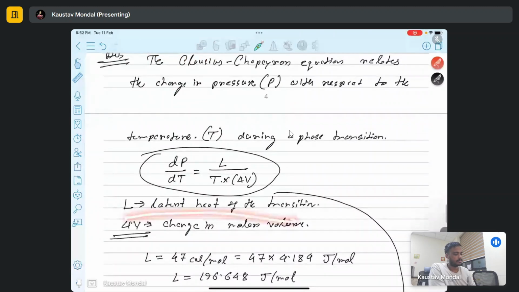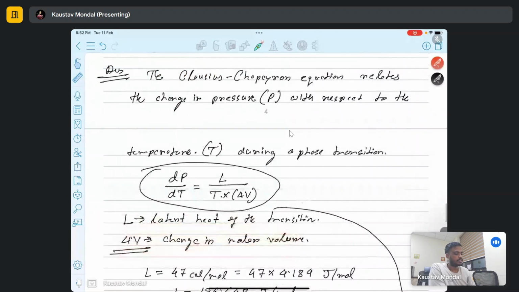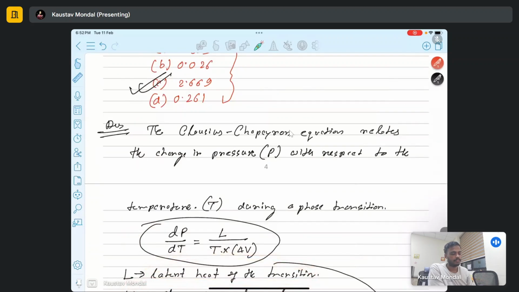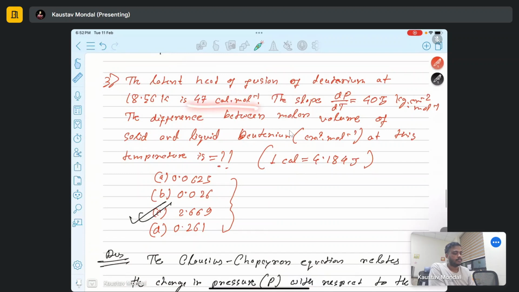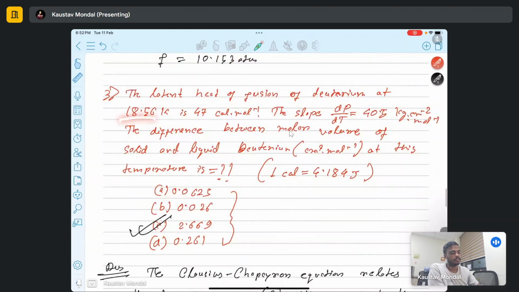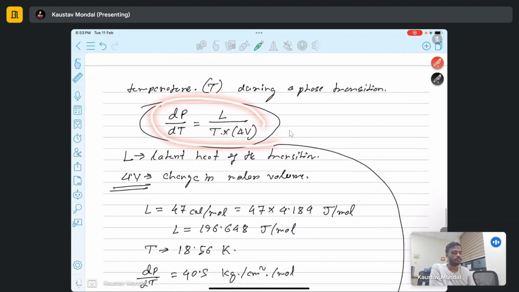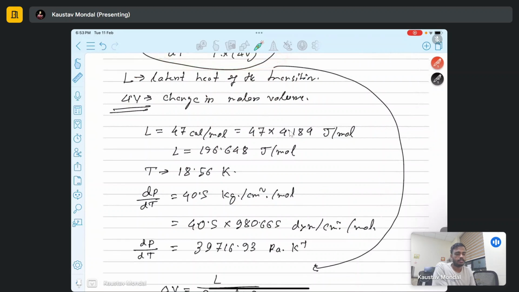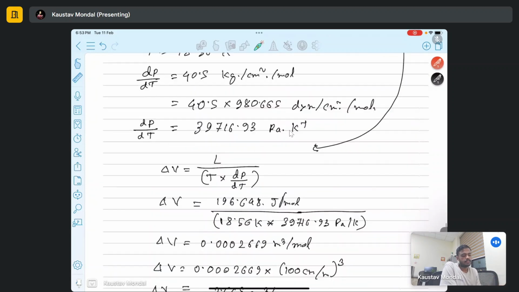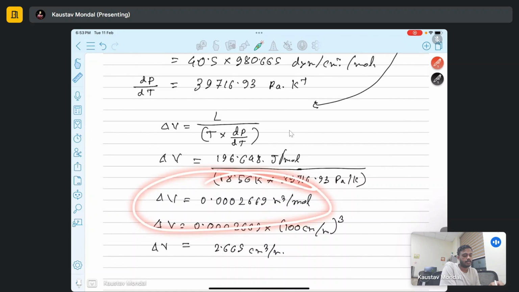Latent heat is given, the heat required for the fusion process. The temperature at which fusion is happening is mentioned here. dP/dT, the slope of pressure with respect to temperature, is also given. We'll substitute all of these into this equation, convert the units according to the options, and do the numerical calculation to get the answer.